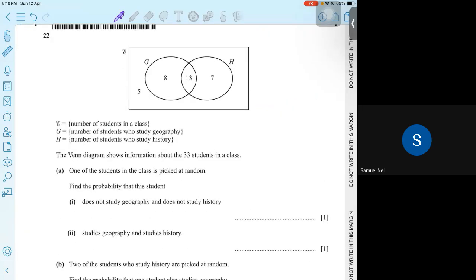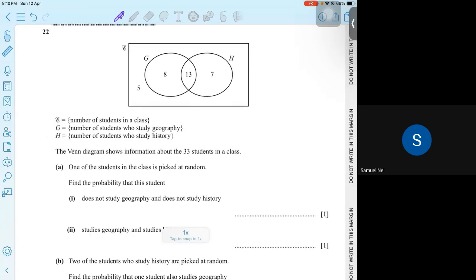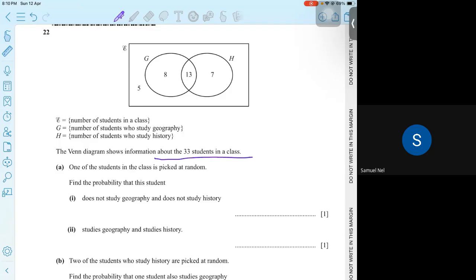So the next question is for sets and set notations. This question says that it shows information about 33 students in a class. So 8 plus 13, that is 21, plus 7, 28, 33. So I can confirm that all 33 students' information is present here, right? One of the students in the class is picked at random. Find the probability that this student does not study geography and does not study history.